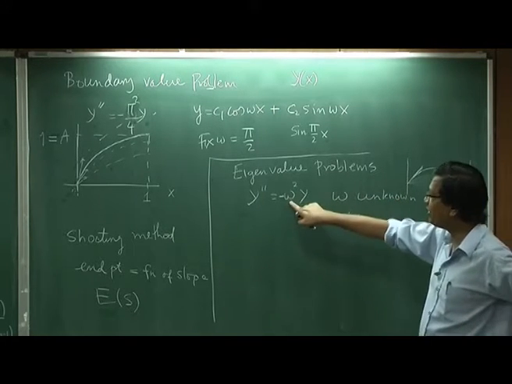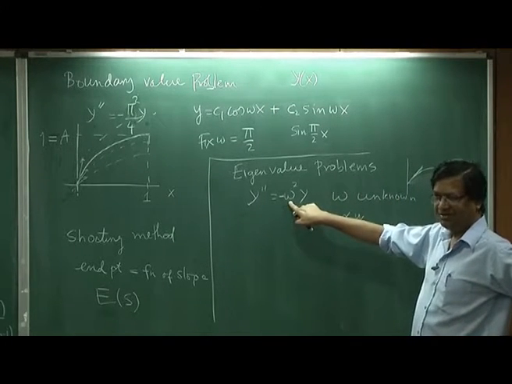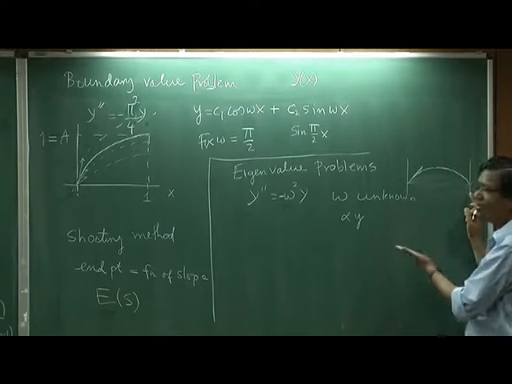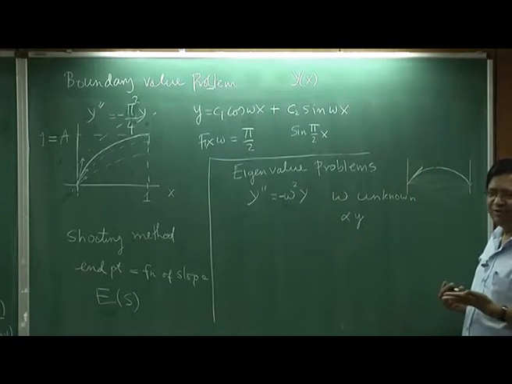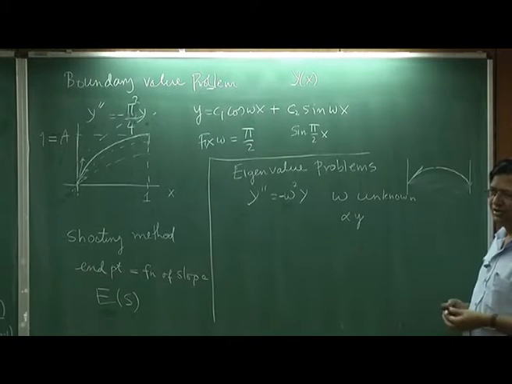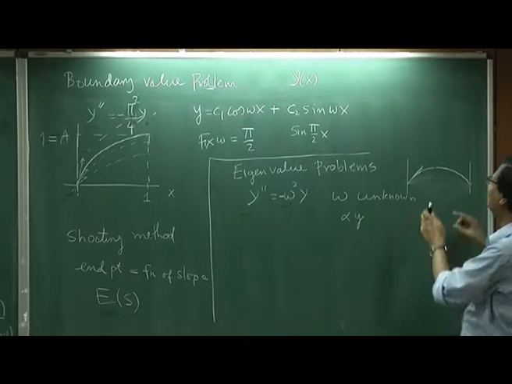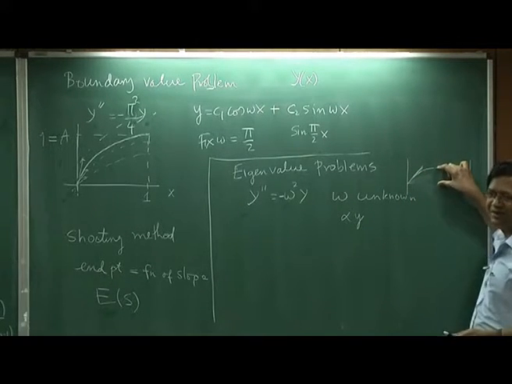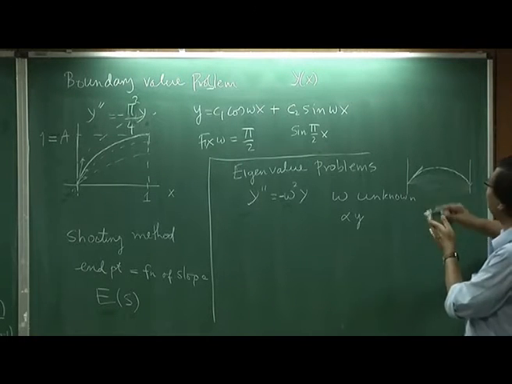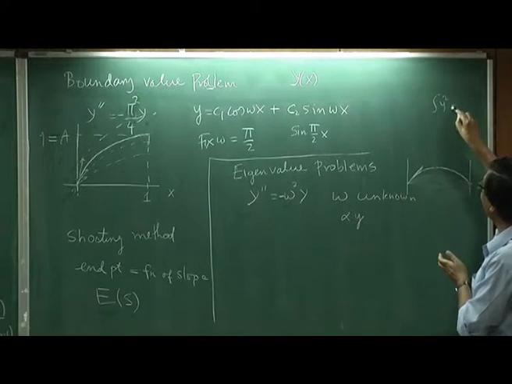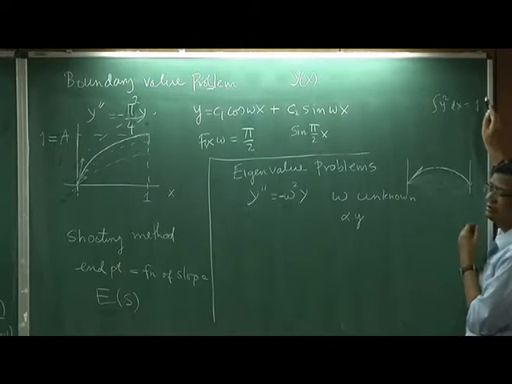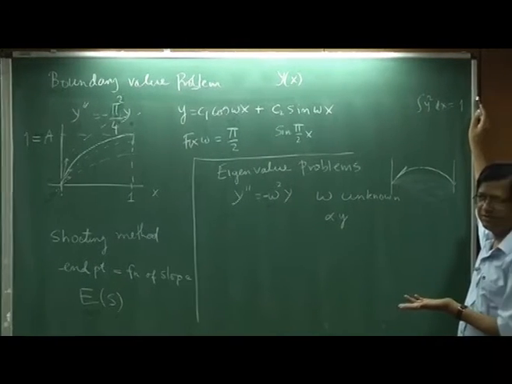Here my unknown is omega. I give the endpoints, but I have one more freedom. I can choose a slope, or I can give you the height in the middle. In the Schrodinger equation, they say that the integral of mod y squared dx is 1. So this is a constraint that will fix alpha.